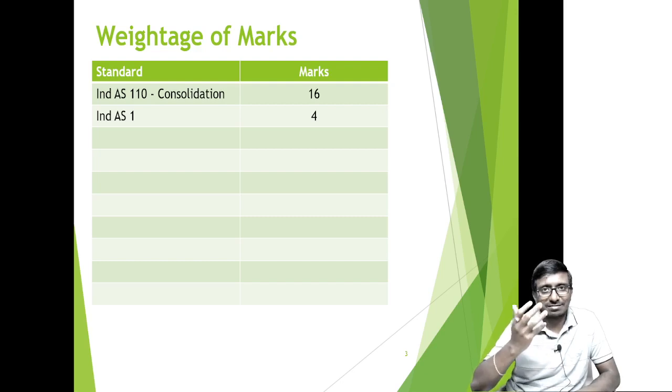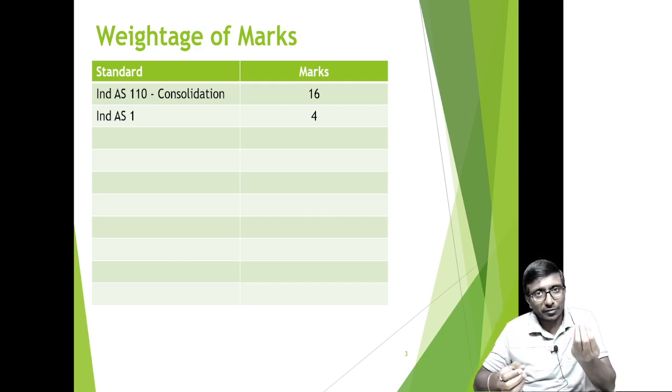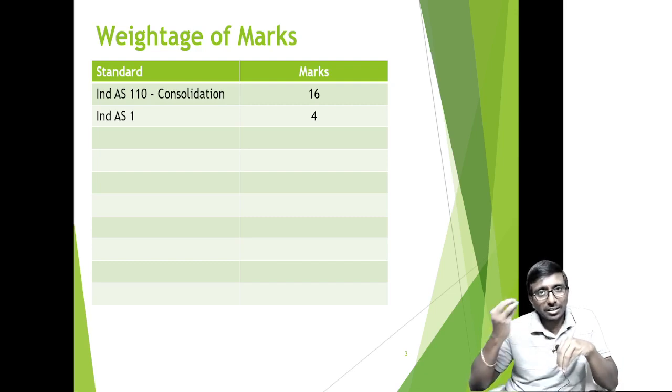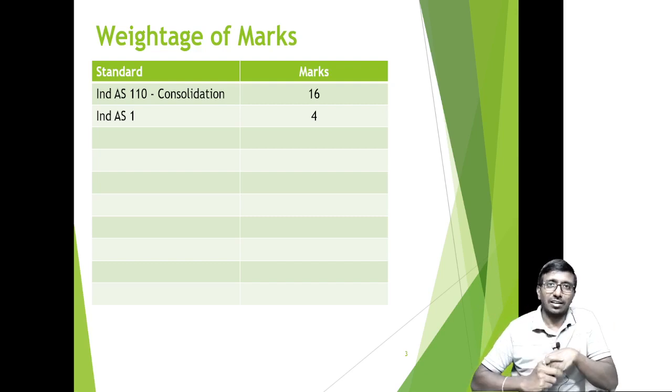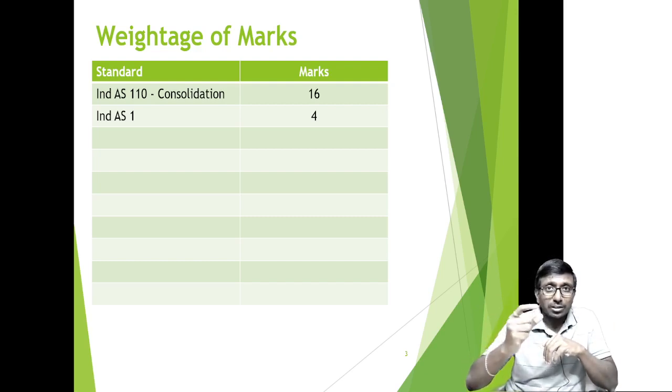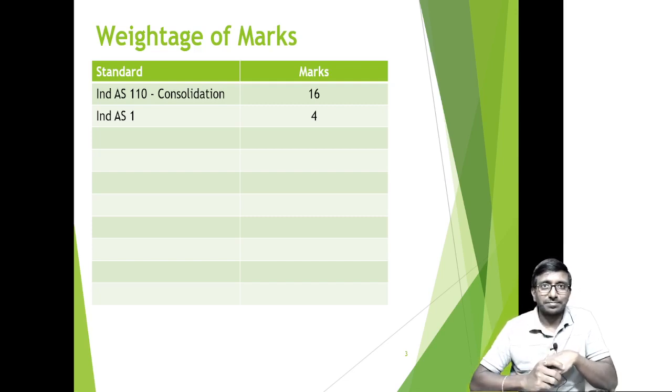A current asset is an asset which is expected to be realized or consumed or held for sale within the normal operating cycle. What is the operating cycle? From the date of acquisition of assets till the collection, the period between these two dates is the operating cycle. So the first line is purely meant for operating assets.